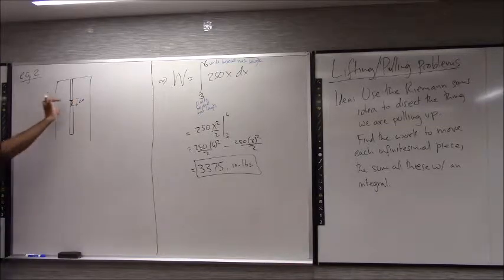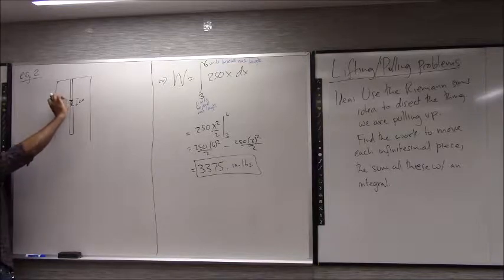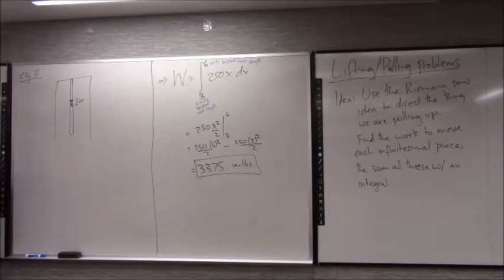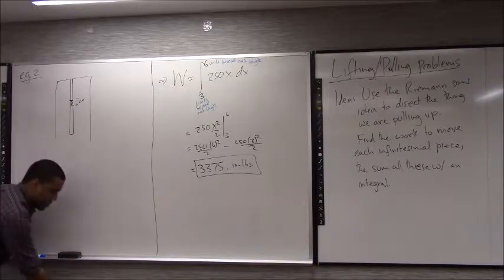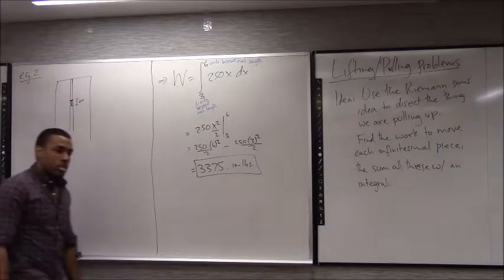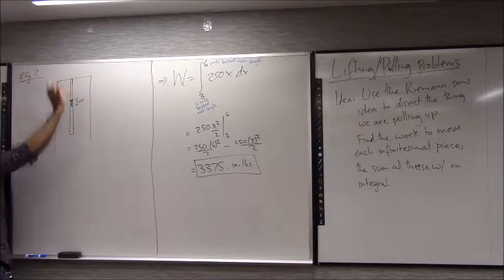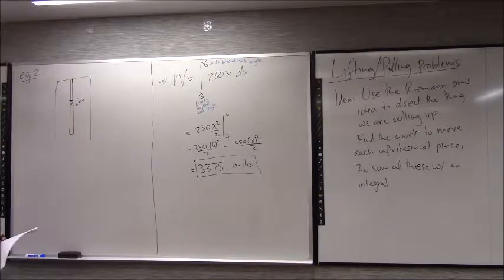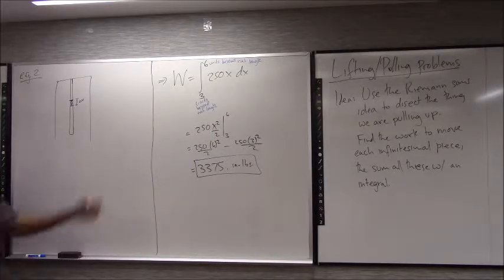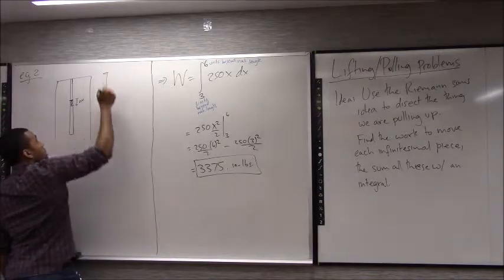So there's a length of this rope, and for a minute you're just going to focus on moving that one piece. Because that one piece is sort of like just lifting something up and putting it on the table. We just have to figure out the force times distance for that one piece. And then we'll do that for all the little pieces along the rope. So I'm now going to be focused on one little section of this rope. The total length is 100 feet.